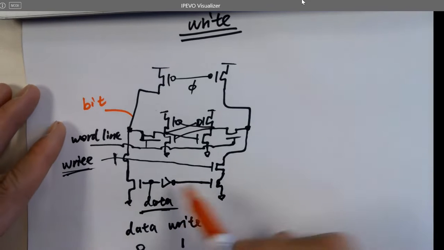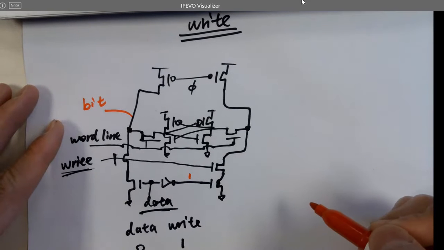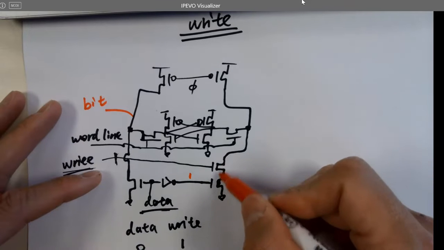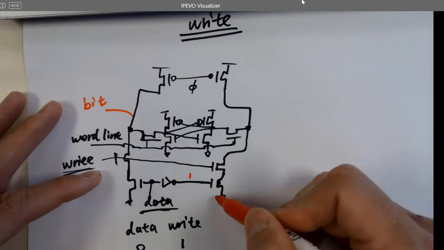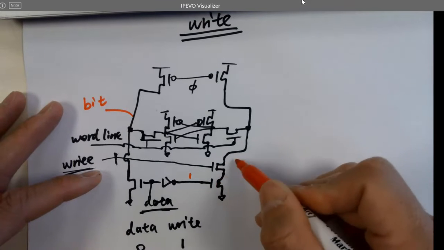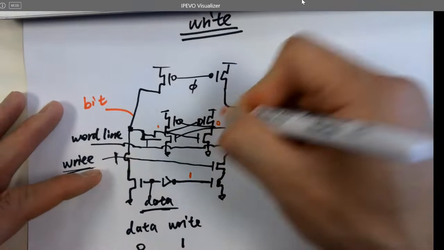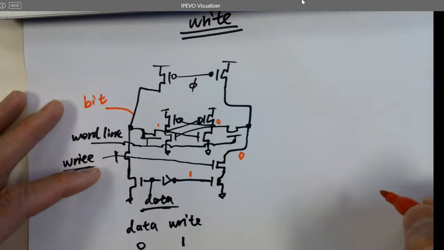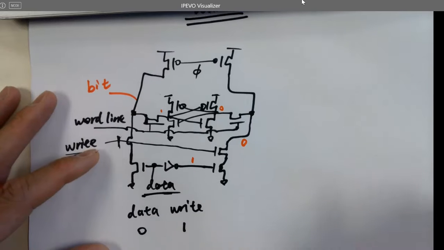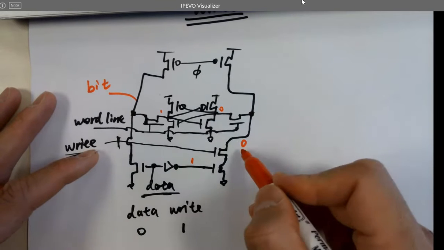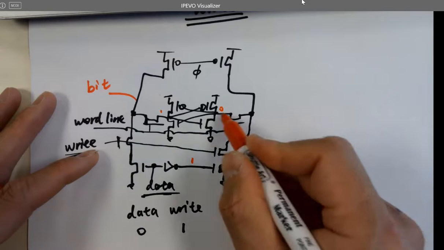If data is 0, here's 1. And when write is 1, both of the NMOSes here are on, right? So this is 0. If it stores 1, 0 here at the very beginning, is it changing anything? If 0 comes here, is it changing anything?